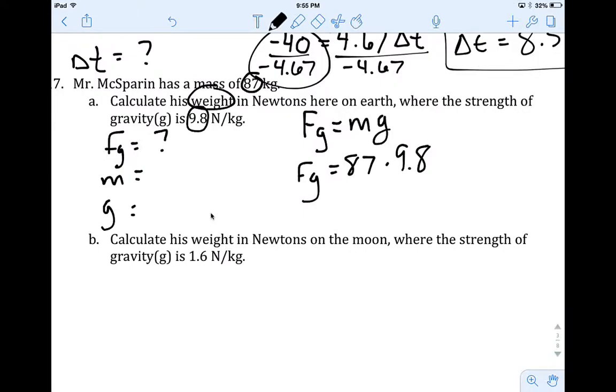There we go. Fg equals 852.6, and that's a force, so it's got to be newtons.